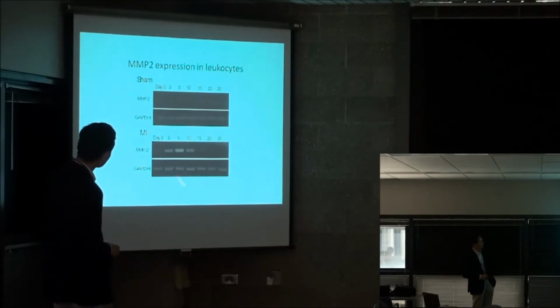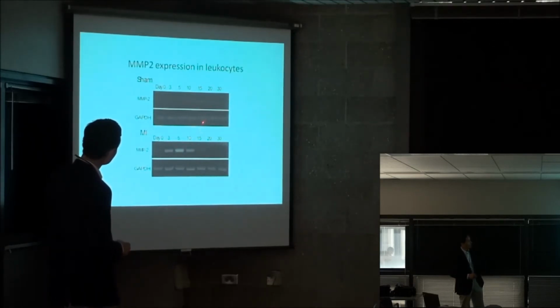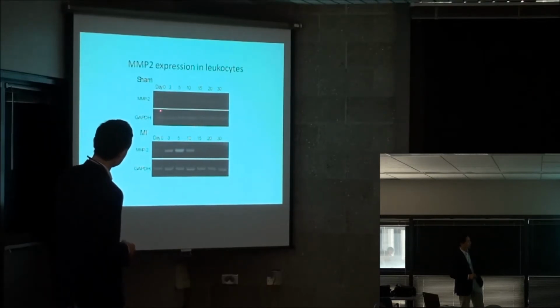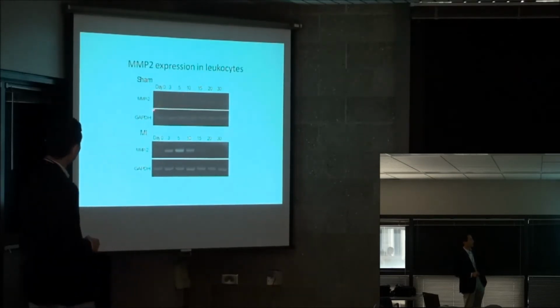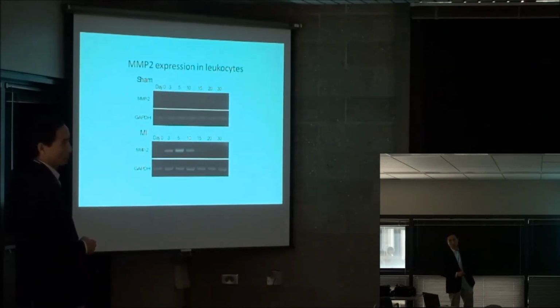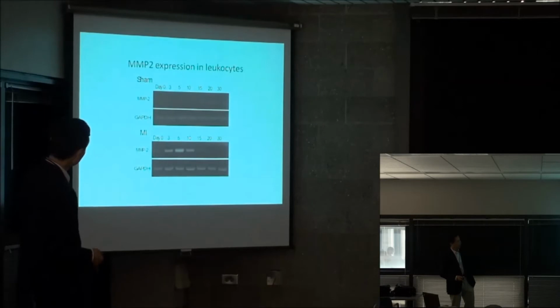So these are images from RT-PCR, reverse transcriptase PCR, testing messenger RNA expression of MMP2. You can see in mice with sham operation without myocardial infarction, you only see a minimal basal level expression of MMP2 from liver specimens.